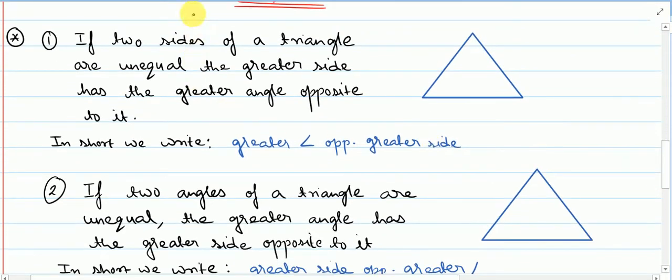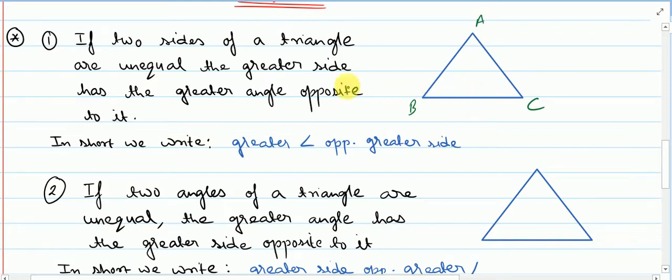Firstly, we will see, if you have a triangle, consider a triangle ABC.